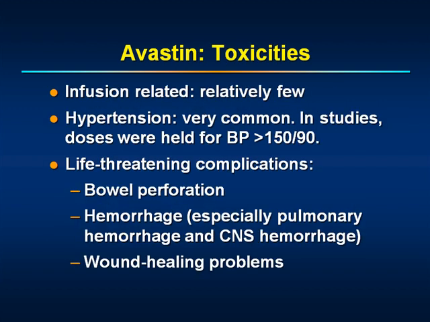Avastin toxicities are significant. The infusion-related toxicities are fairly limited, but hypertension is very common. In studies, doses were held for blood pressures of greater than 150/90. Life-threatening complications include bowel perforation, of which we've seen at least 2, hemorrhage, especially pulmonary hemorrhage and CNS hemorrhage, and wound healing problems.